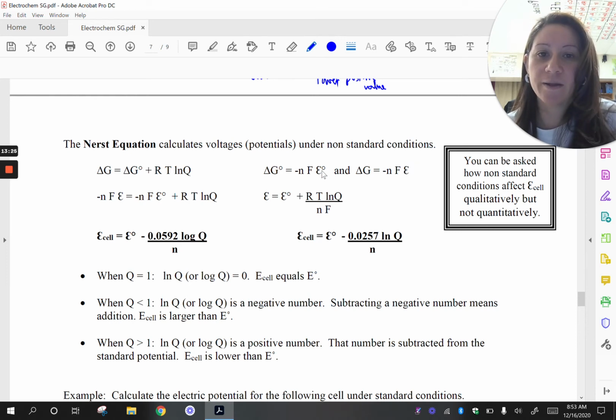So if you plug this in for the delta G naught, and you plug this in for the delta G, then this is what you get. If you rearrange this a little bit, you would get this equation.